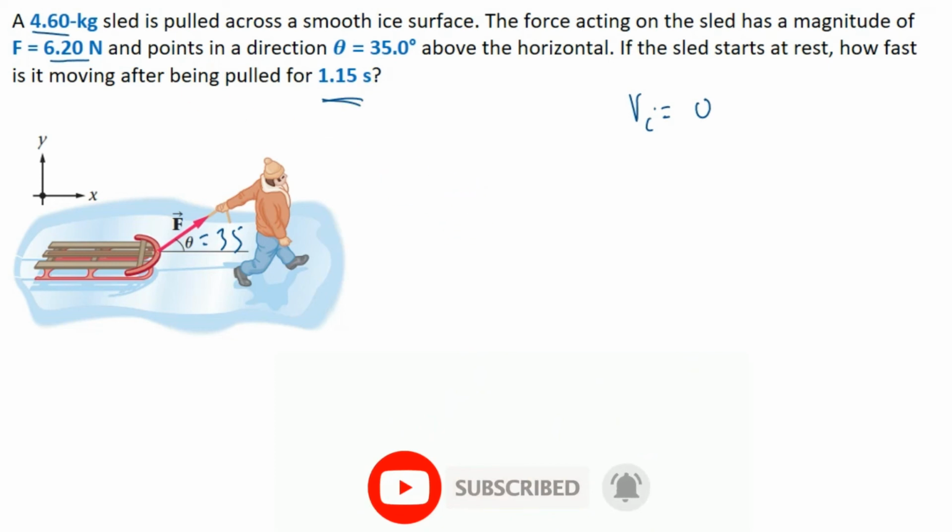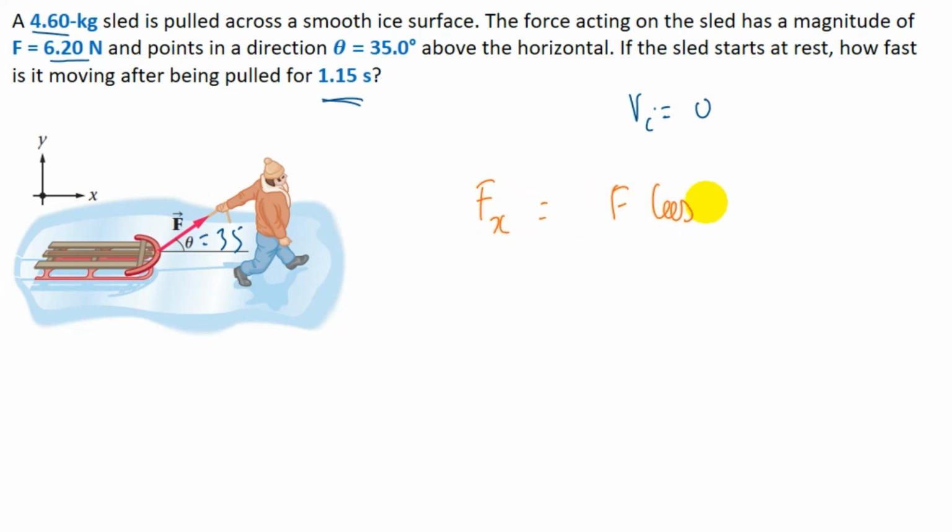Okay, so the only force acting on the sled is this force F that has a magnitude of 6.20 Newton. So along the x direction, its component will be F cosine theta. F is 6.20, cosine theta, we have 35 degrees. So on solving, we get this Fx to be 5.08 Newton.